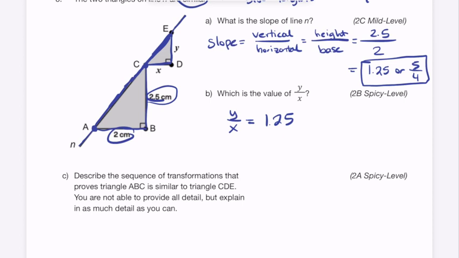To get from ABC, right, this is my original, and I want to get it here and prove that those are similar. Okay, I'm describing how I can move one to the other by translating, rotating, reflecting, and or dilating.